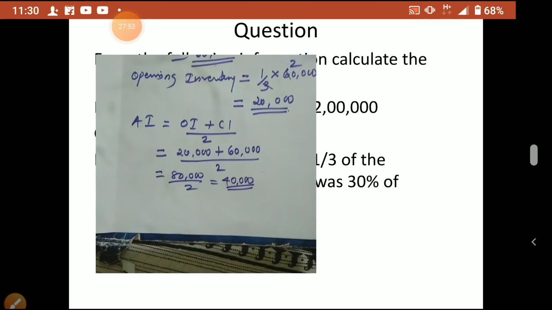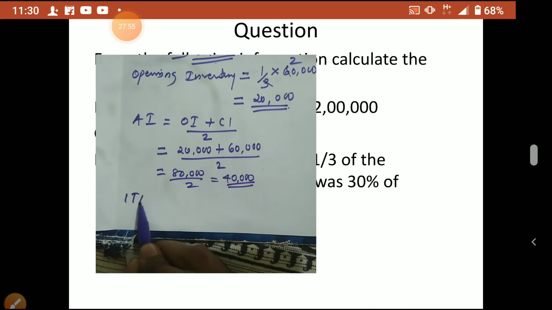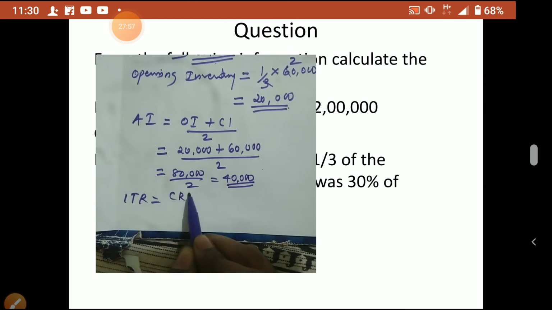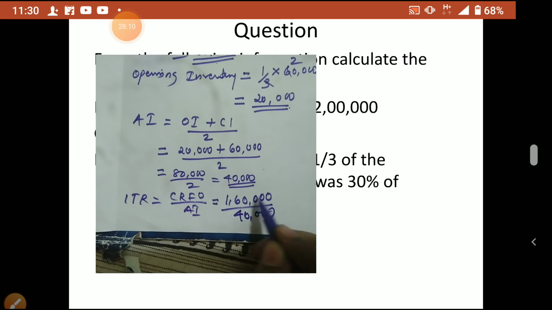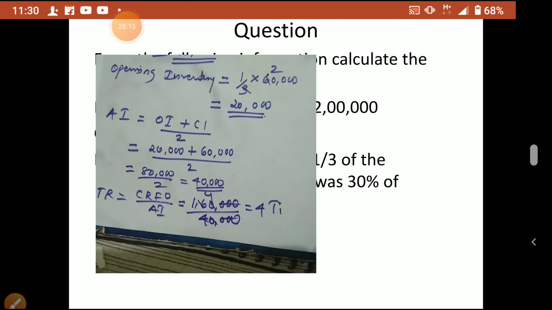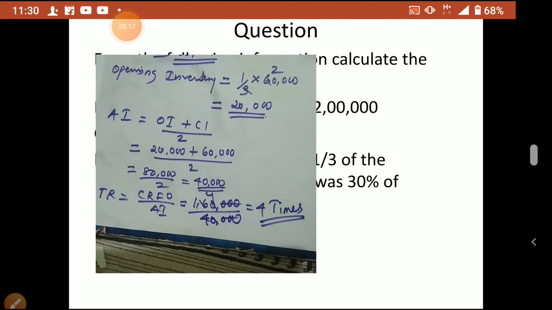So inventory turnover ratio, ITR, is equal to CRFO by average inventory. CRFO is 1,60,000 already calculated, divided by 40,000, which is 4 times. This inventory turnover ratio you have to represent in times, not as to 1. It is the number of times the inventory can be converted. So this way you have to calculate.